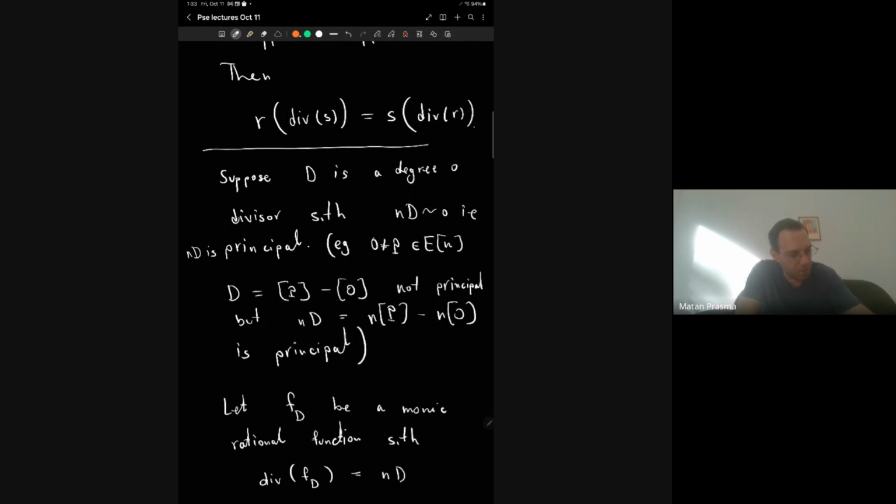Monic here just means that the leading coefficient of FD is 1.